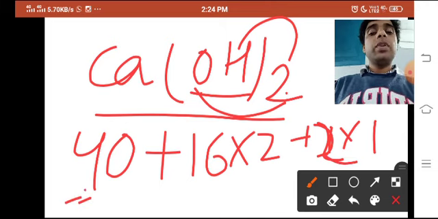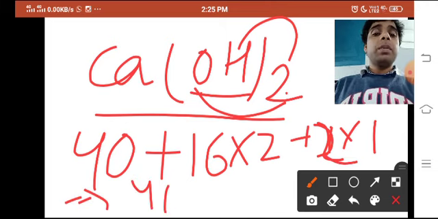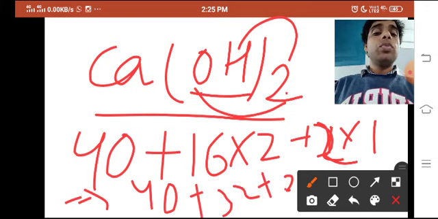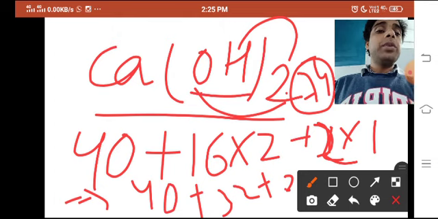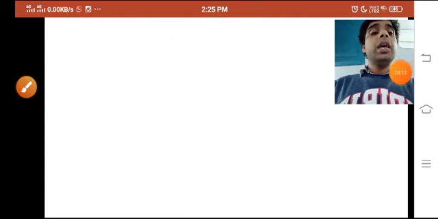So what will you get as the answer? 40 plus 32 plus 2, that is 74. Ca 40, oxygen 16 into 2, and hydrogen also 2, atomic mass 1. So you will get 74.